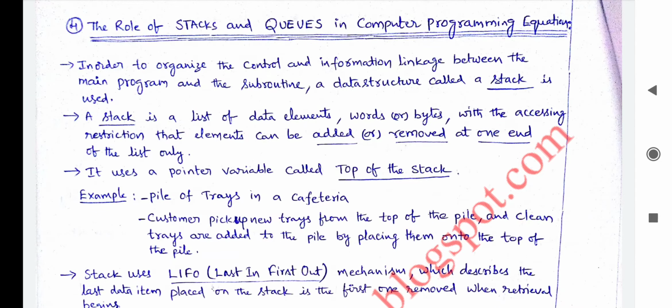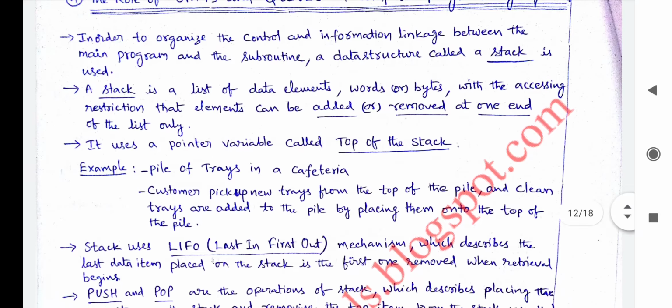A stack is a list of data elements, words or bytes, with the accessing restriction that elements can be added or removed at one end of the list only. It uses a pointer variable called TOP, top of the stack.